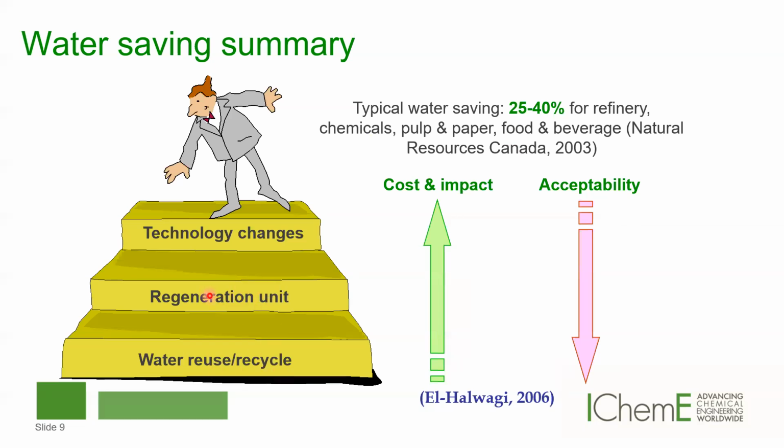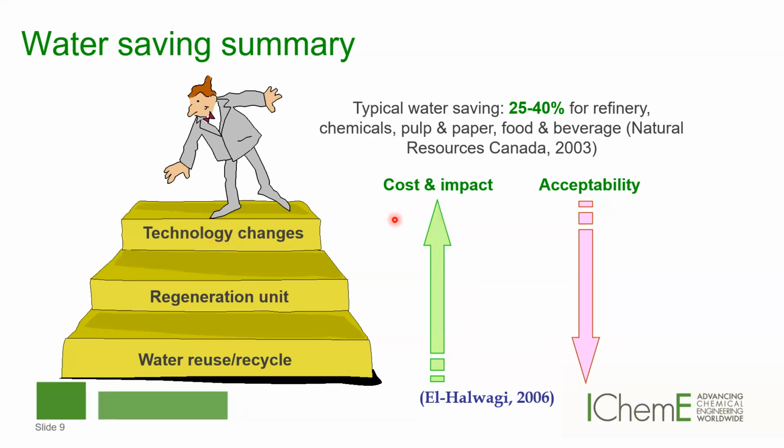The next strategy is installing a regeneration or purification unit. In terms of cost, there is cost because you have to invest in the adsorption column. And finally, the last strategy, which is the highest cost and impact, are the technology changes.